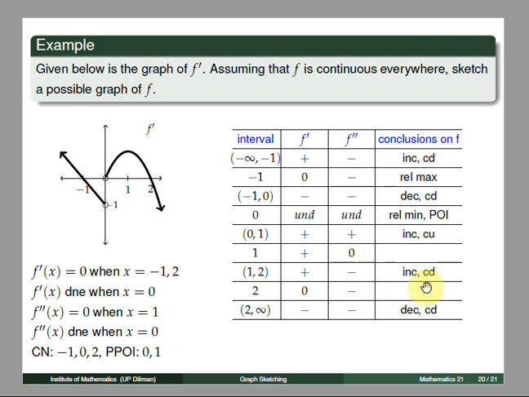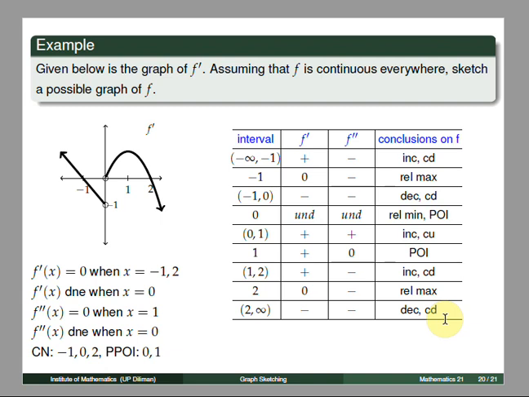Moving on, we have a POI, or point of inflection, at x equals 1 because of the change in concavity. And then we have a relative max at x equals 2 because of the change from increasing to decreasing. Very good. We have completed the table of signs of f prime and f double prime and the conclusions.